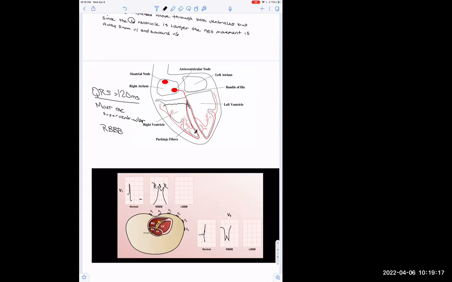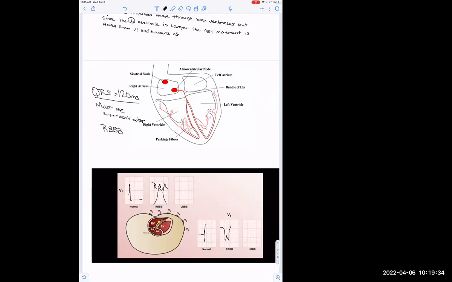All right, so now let's talk about left bundle branch block. In left bundle branch block, the exact opposite is occurring.